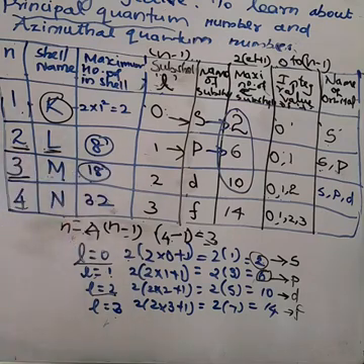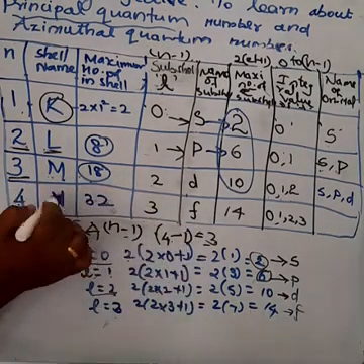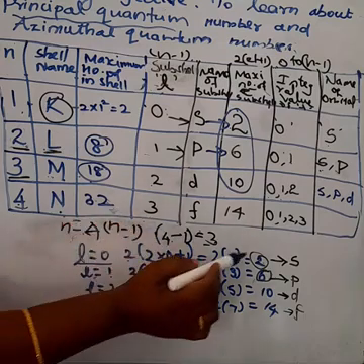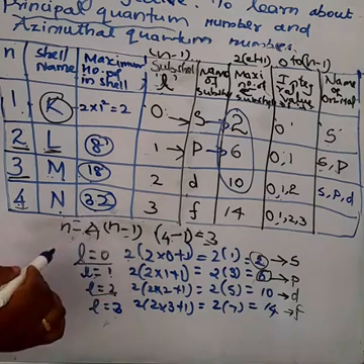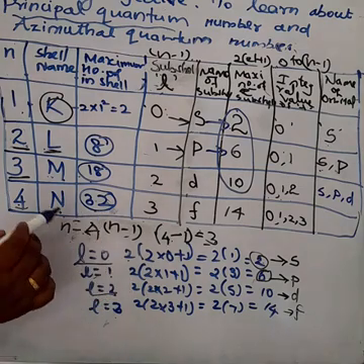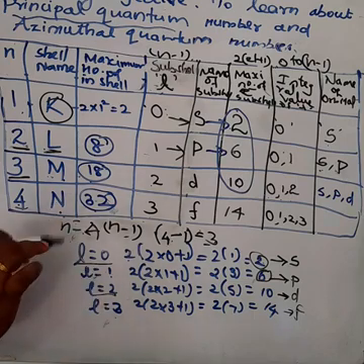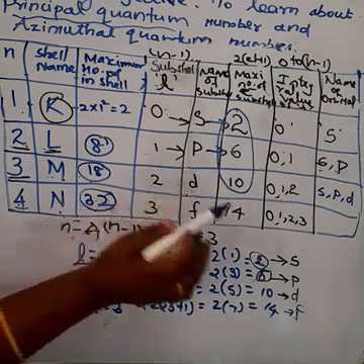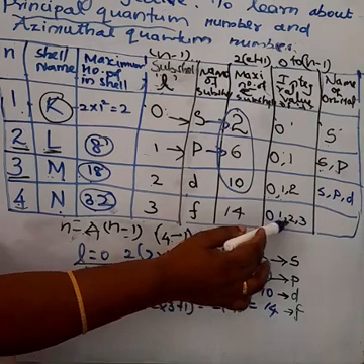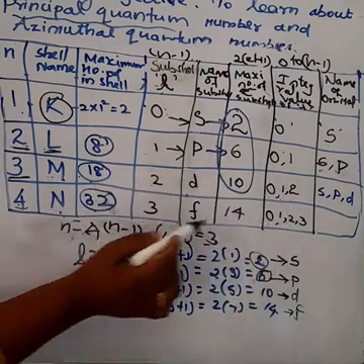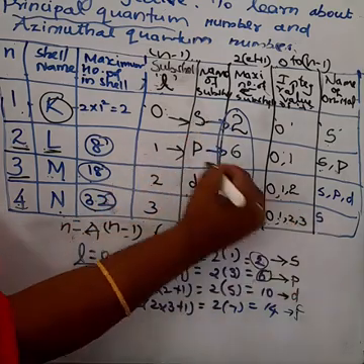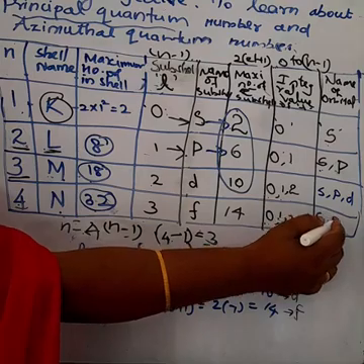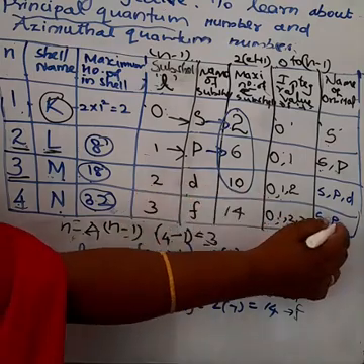Understood? And then the fourth one, the N orbit, or fourth orbit, can accommodate a maximum of 32 electrons. Within the N orbit, the integral values of L are 0, 1, 2, 3. The value 0 indicates s orbital, 1 indicates p orbital, 2 indicates d orbital, and 3 indicates f orbital.